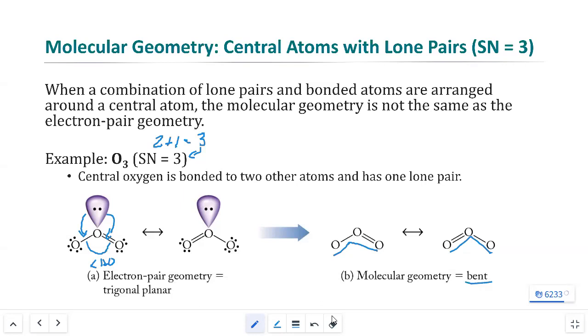Bond angles are either going to be what we say they are, 120 degrees, 109.5 degrees, 90 degrees, 180 degrees, or they're going to be less than that. In this case, that lone pair pushing on those bonds is going to make it less.